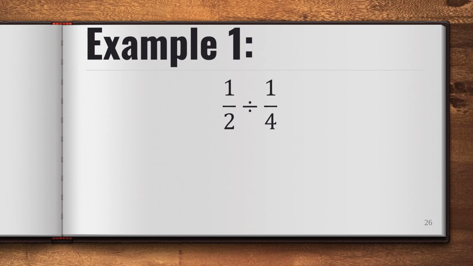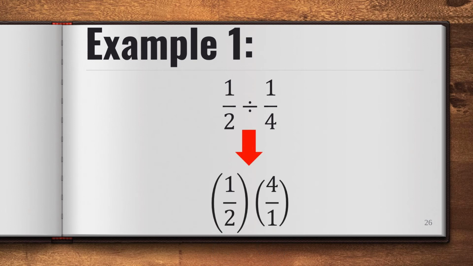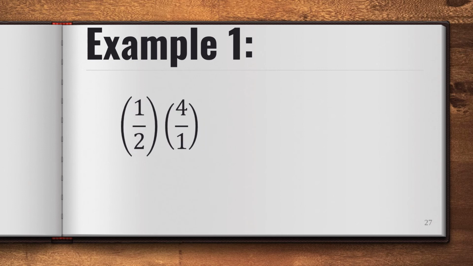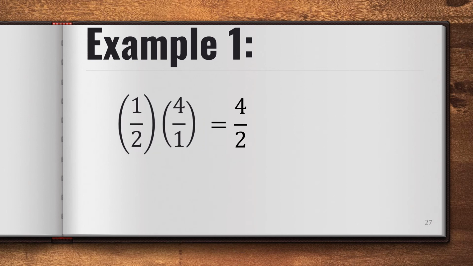So this time, we will just copy 1/2. And then from division, we will make it multiplication. And then what is the reciprocal of 1/4? Very good. The reciprocal of 1/4 is 4/1. And then applying the rule, numerator times numerator and denominator times denominator, the answer is 4/2.